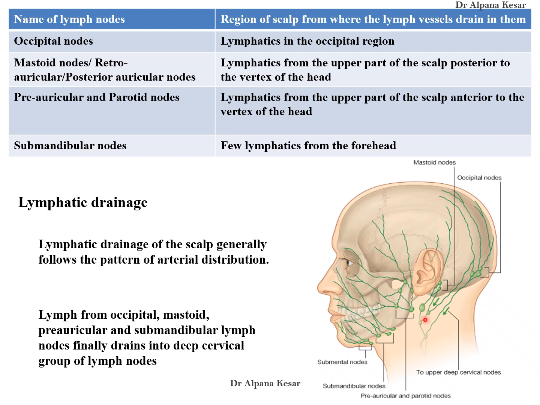The most prominent lymph node in the upper deep cervical lymph nodes is jugulo-digastric lymph node, and the most prominent lymph node in the lower deep cervical lymph nodes is jugulo-omohyoid lymph node. The lymphatics from all the lymph nodes in the scalp will flow into these deep cervical group of lymph nodes.